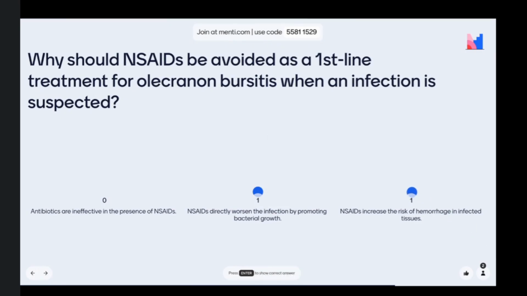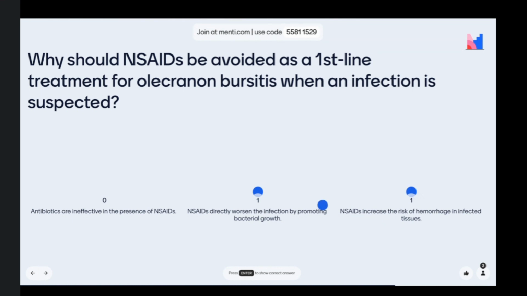So should it be avoided because antibiotics are ineffective in the presence of NSAIDs, or NSAIDs directly worsen the infection by promoting bacterial growth, or the NSAIDs increase the risk of hemorrhage in infected tissues?